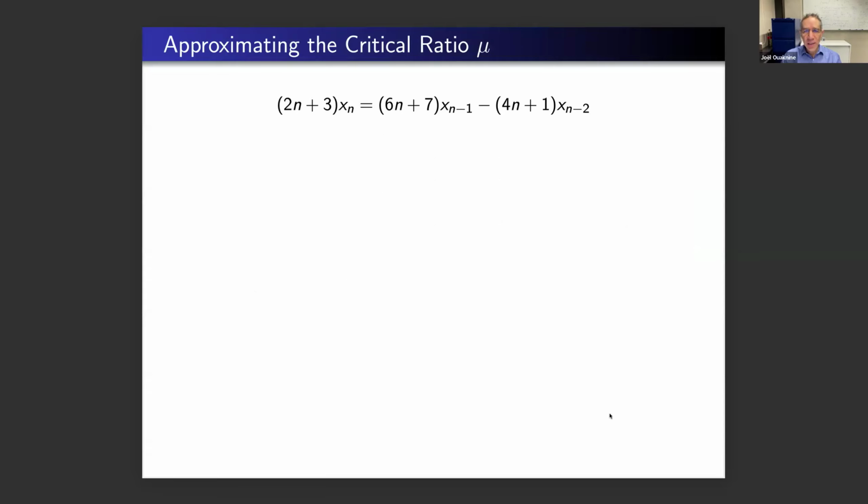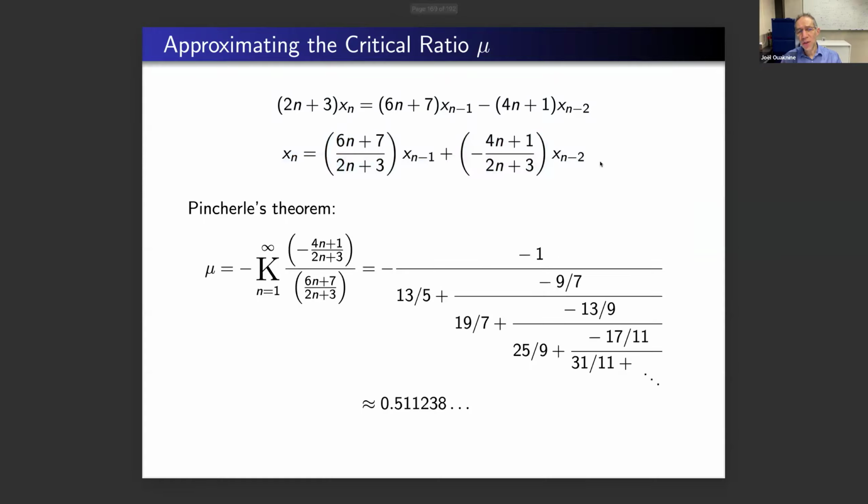The last technical ingredient I need is approximating the critical ratio. I rewrite this recurrence as follows, and I invoke another classical result, the so-called Pincherle's theorem. It tells you that the critical ratio is given by this infinite continued fraction, and of course, you can approximate this arbitrarily closely.